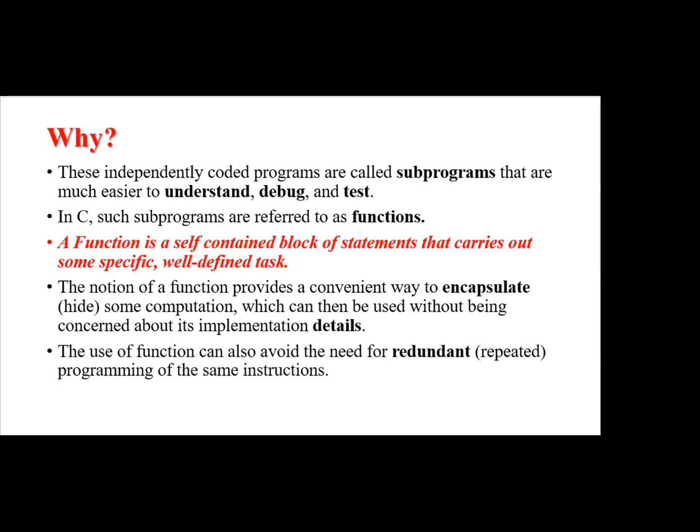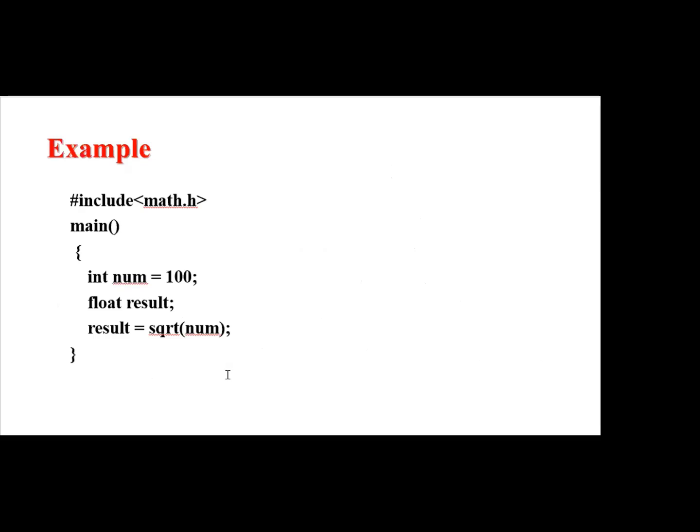For example, in this example we have sqrt. When we say sqrt(num), we don't know how this function found the square root of this number. We just use it, and we know that this function will give me the square root of this number.